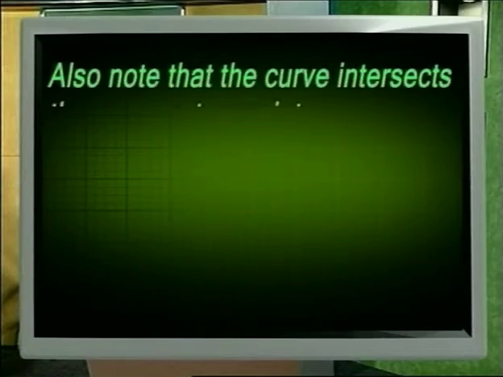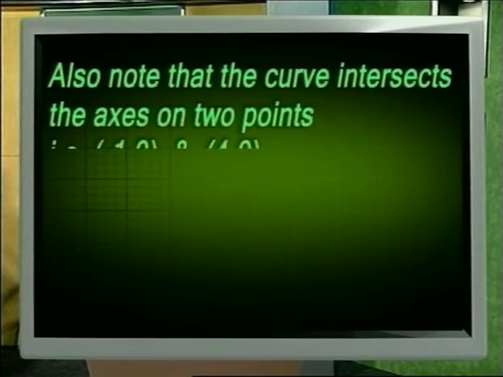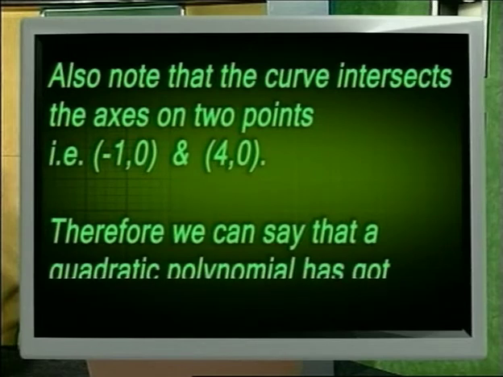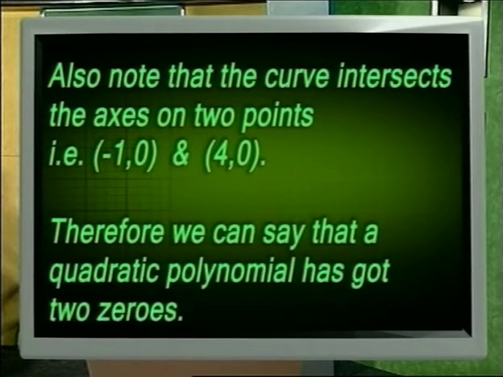Also note that the curve which we have drawn on the graph paper intersects the axis at 2 points. The points are -1, 0 and 4, 0. Therefore, we can say that the quadratic polynomial has 2 zeros.